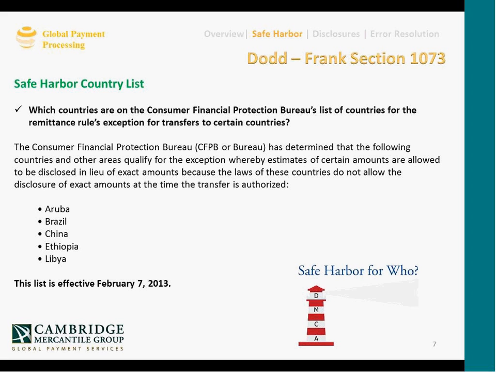And they have determined that Aruba, Brazil, China, Ethiopia, and Libya cannot provide accurate information when initiating payments to those countries. So if you are initiating a payment in U.S. dollars to China or a payment in Chinese renminbi to China, you have to give disclosure and you do not have to comply to the error resolutions that are associated with it.